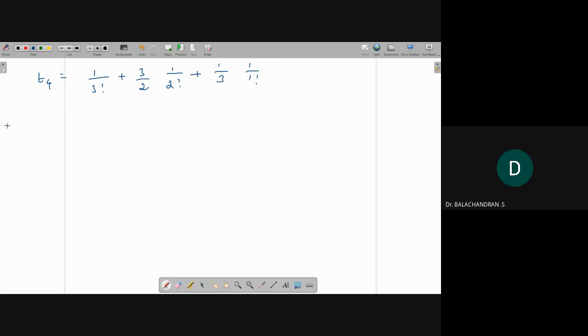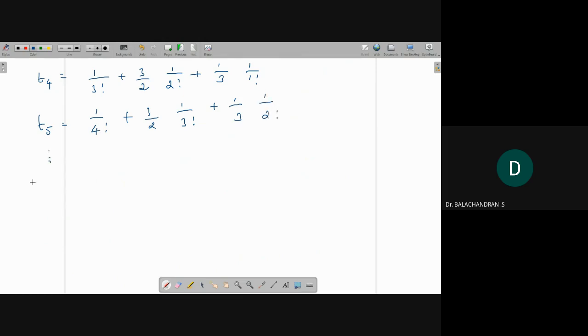So write one more term, 1 by 4 factorial, please check it, 3 by 2 into 1 by 3 factorial plus 1 by 3 into 1 by 2 factorial. And so on.